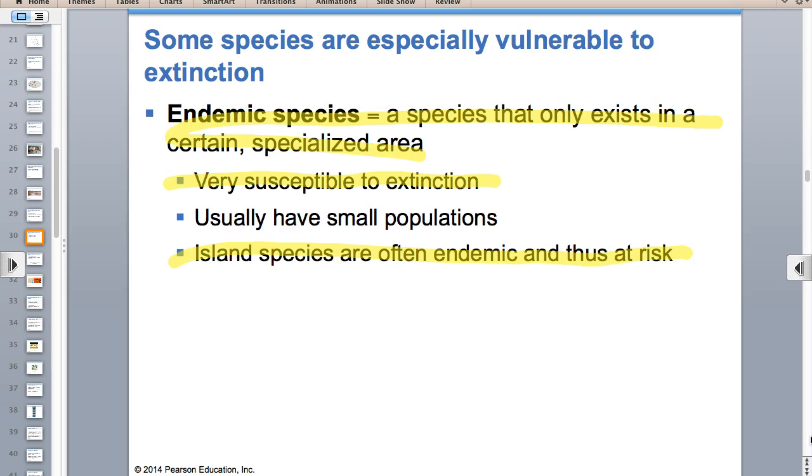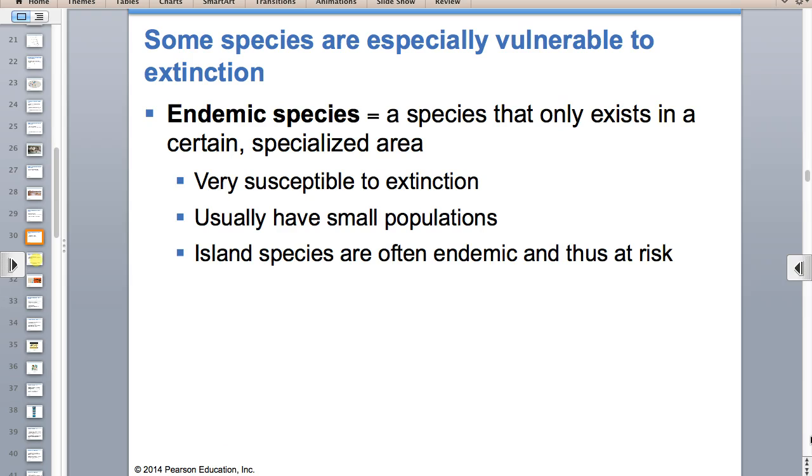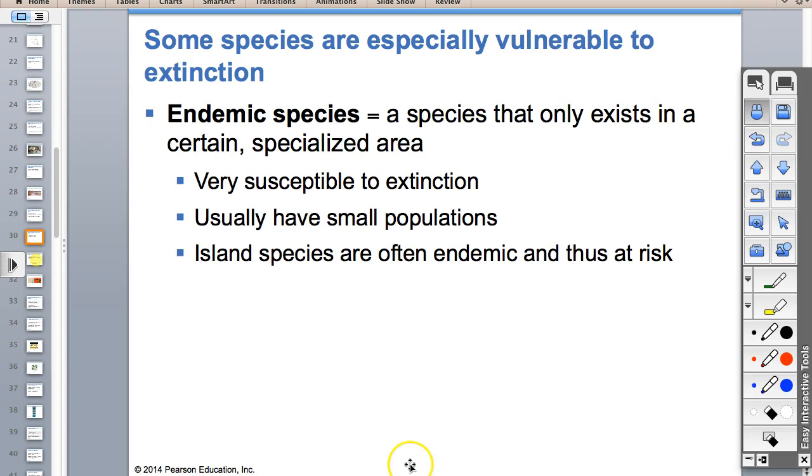They've been geographically separated, so usually on islands you're going to have a lot of biodiversity, but most of it will be endemic species, and if something happens, of course, they're not going to be found anywhere else.